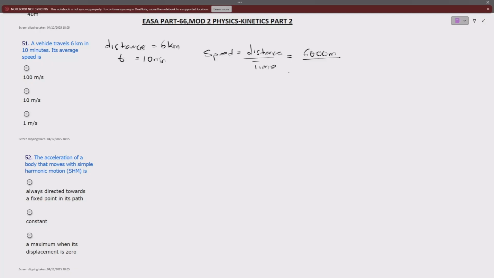We convert 10 minutes into seconds. That is going to be 10 times 60 seconds. So 6,000 meters divided by 600. That is going to give you 10 meters per second.